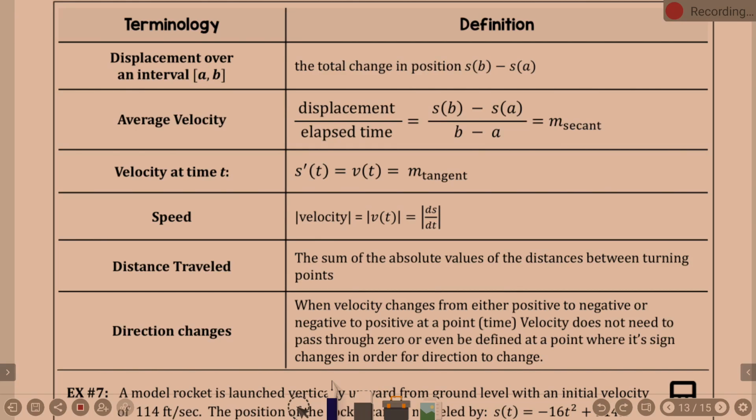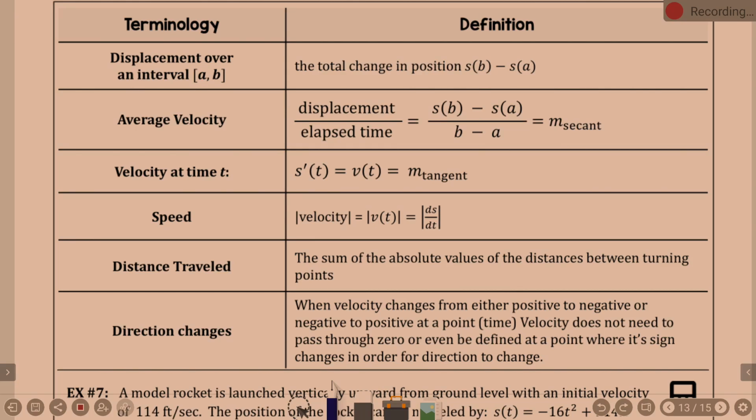Okay. Average velocity. Displacement over elapsed time. Remember, displacement is just change in location. Velocity, it's a derivative of position, slope of the tangent line. Speed, absolute value of velocity. We talked about that one. Distance traveled. The sum of the absolute values of the distances between turning points.